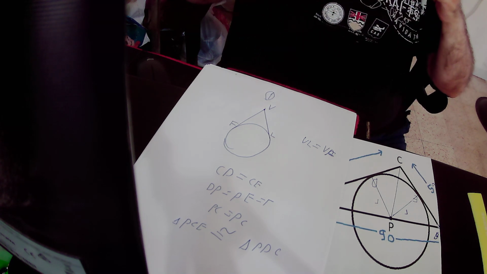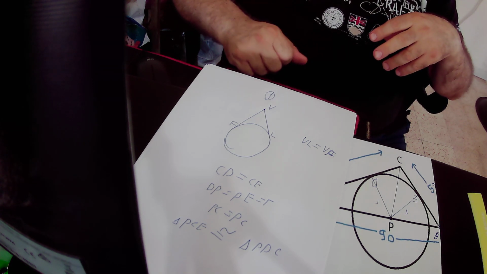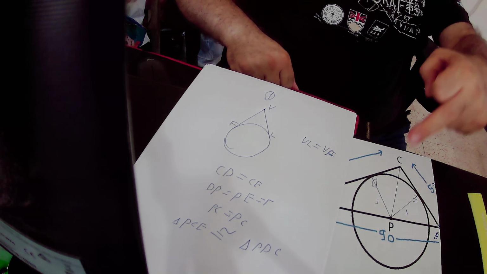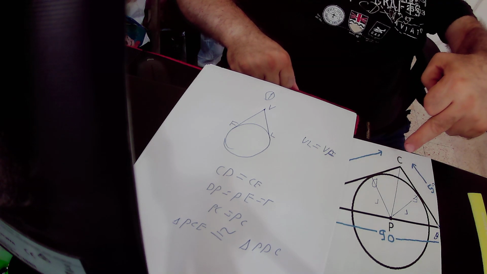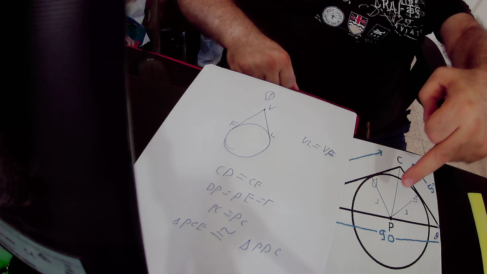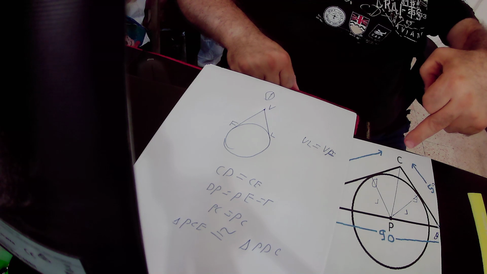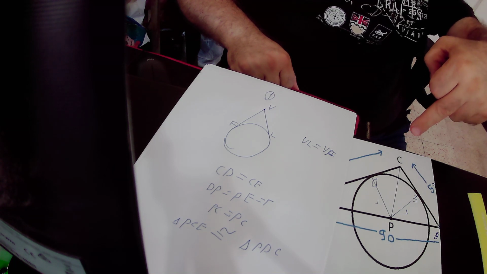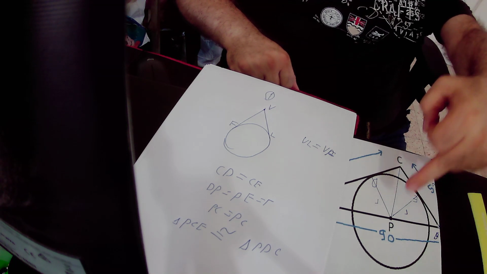They overlap each other. For this reason, triangle PDC is congruent to triangle PEC, or triangle PDC overlaps triangle CEP.